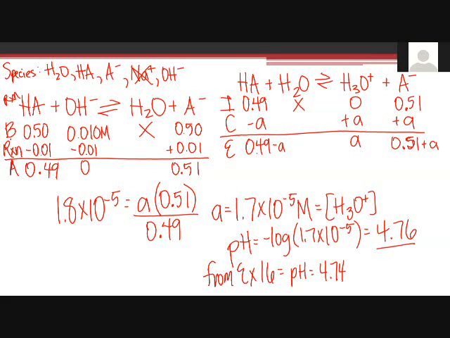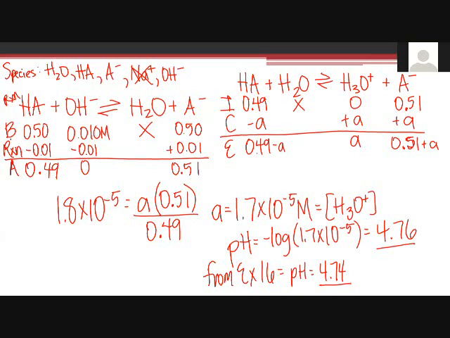So what this 4.76 is showing is that when we added just a little tiny bit of strong base to the mixture, and it reacted to change what the concentrations were, we got new values at equilibrium for pH. The difference between these two is just 0.02.